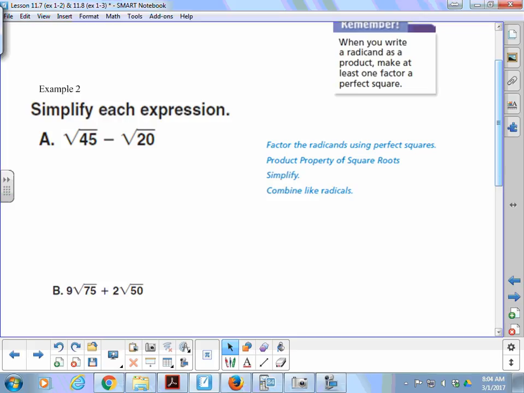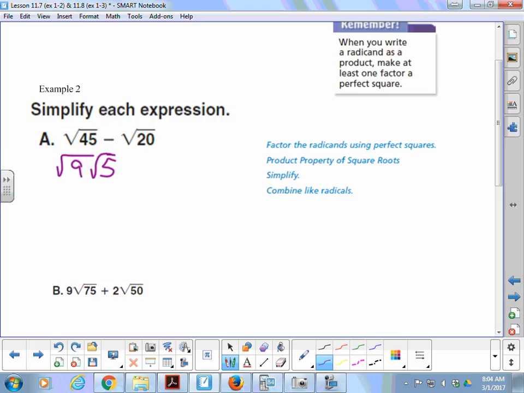So the square root of 45, what's the largest square that goes in the 45? 9 does. So we'll rewrite the square root of 45 as the square root of 9 times the square root of 5. And the largest square that goes into 20 is 4. So this would be the square root of 4 and the square root of 5.